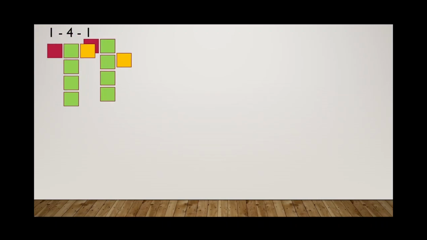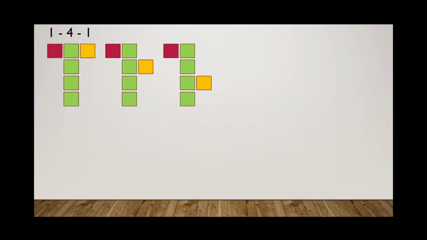What am I going to do with this? Well, I'm going to move the yellow square down once. And what am I going to do next? I'm going to move it another square down, and another square down. Those are the first combinations that you can use.